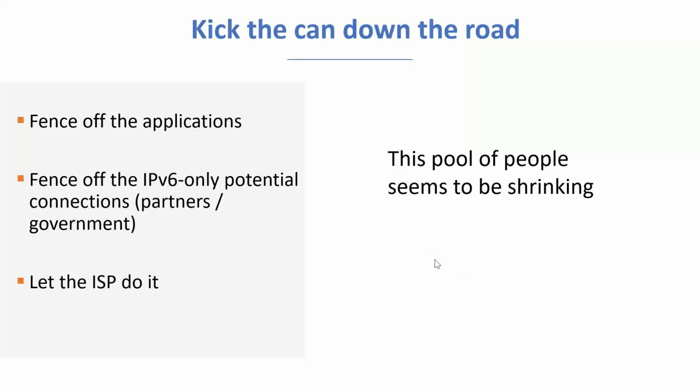By this I mean, let's say the federal government or someone else mandates that I've got to have a V6-only connection. Then I'm going to fence that connection off. Or if I have a V6-only application, I'm going to put that in its own zone, and I'm not going to deal with the rest of my network. Or I'm going to let the ISP do it.